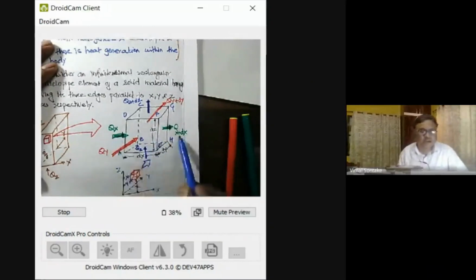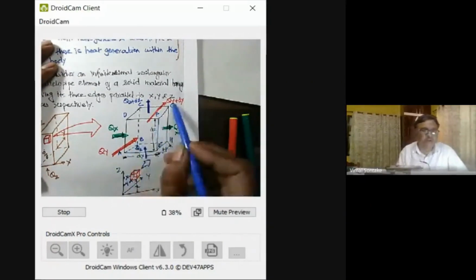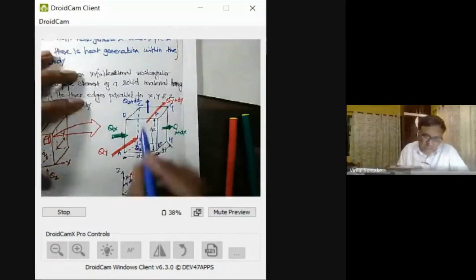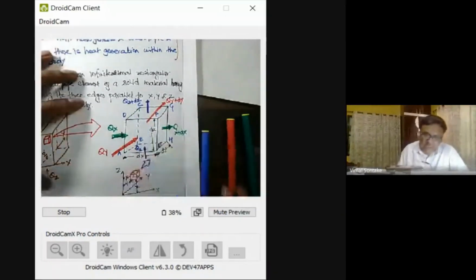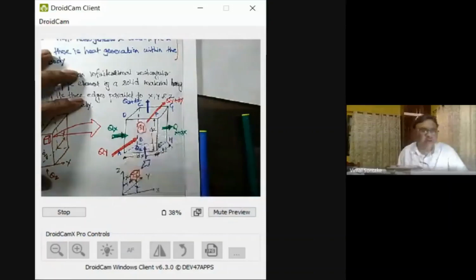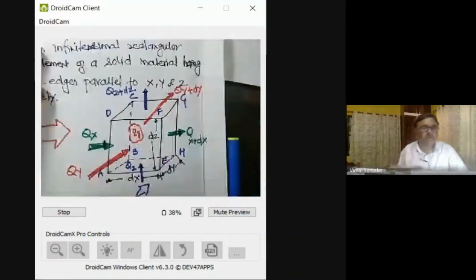Qx, Qx plus dx, Qy, Qy plus dy, and Qz, Qz plus dz. Let us say the heat is generated within this elemental volume at the rate of q dot G watt per meter cube.